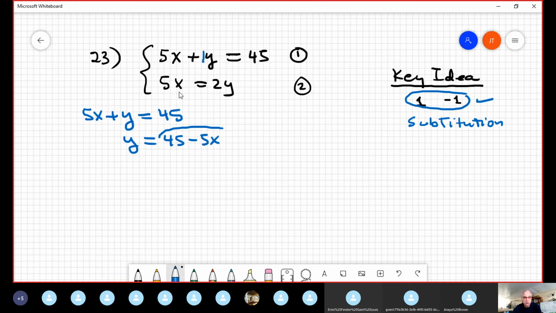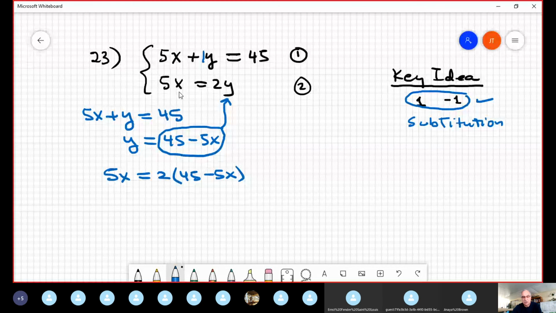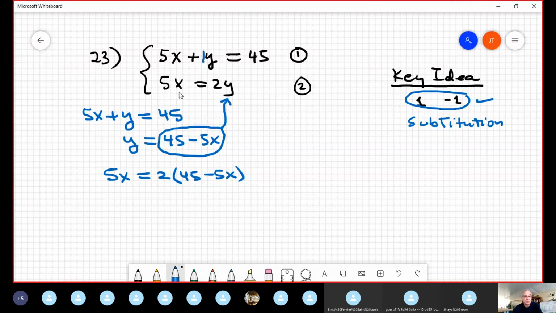And you substitute this expression here in the y value. So you copy 5x is equal to 2 times parenthesis 45 minus 5x. You see, mister, it's not always x, sometimes it's x or sometimes it's y, depending on the variable that contains coefficient 1 or negative 1.